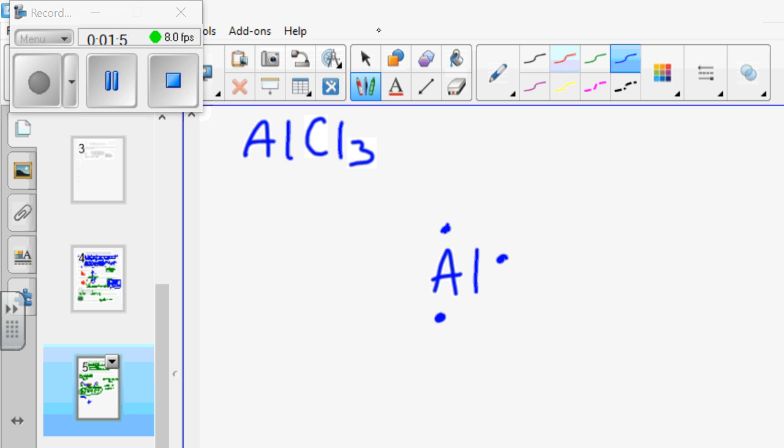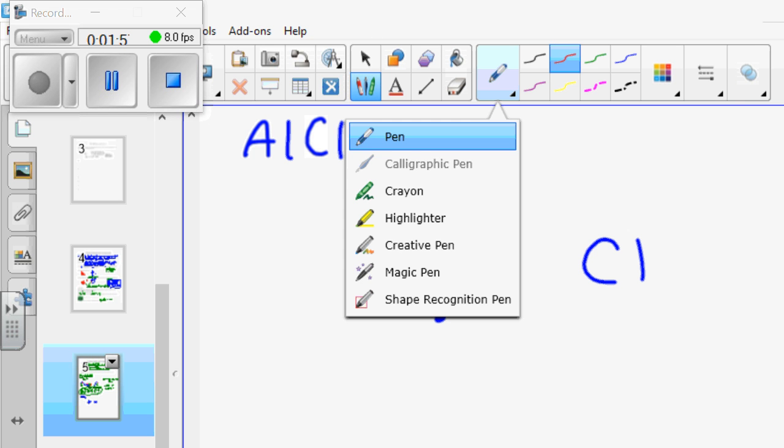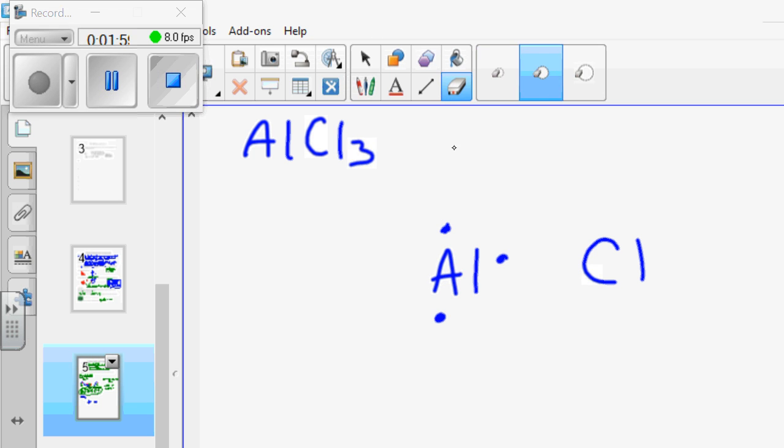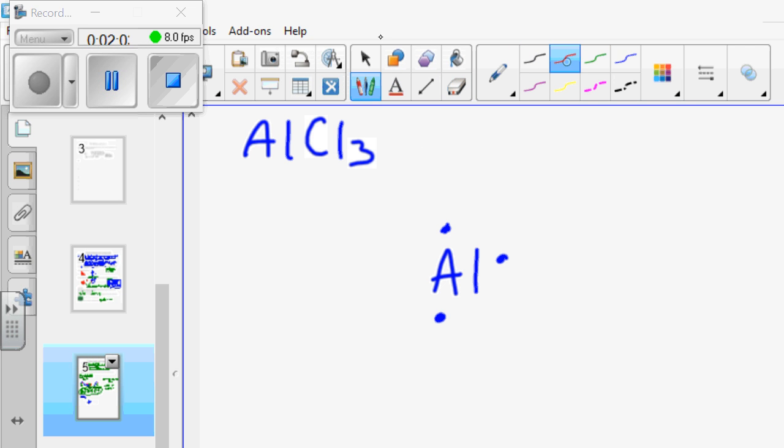Okay, then I have chlorine. I wanted a different color for that. Let's see if this will be a different color now. There we go. Chlorine, and chlorine has 7. Sorry, if I'm following the pattern, it should go like this.